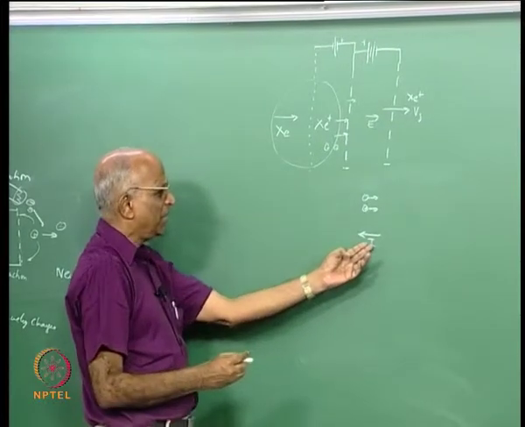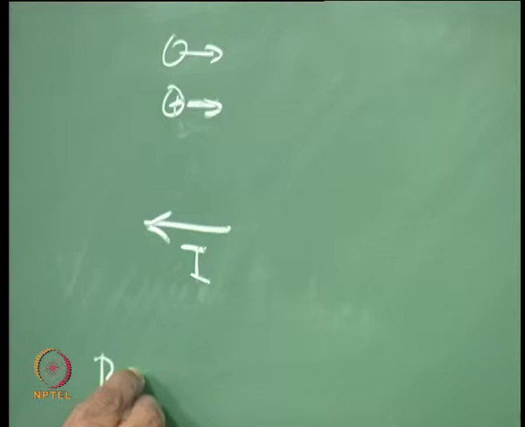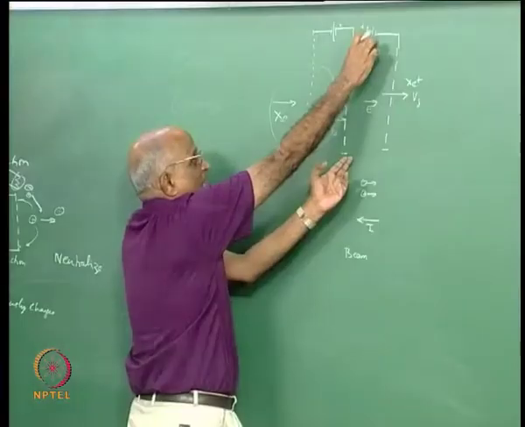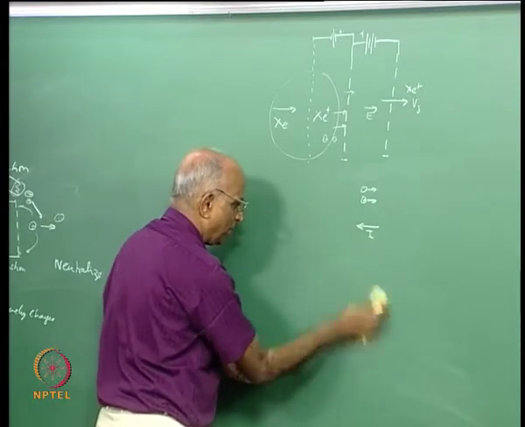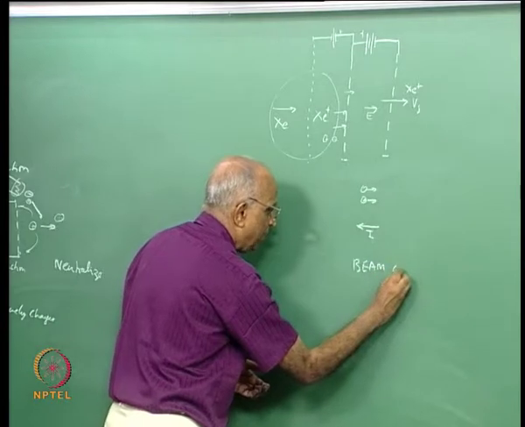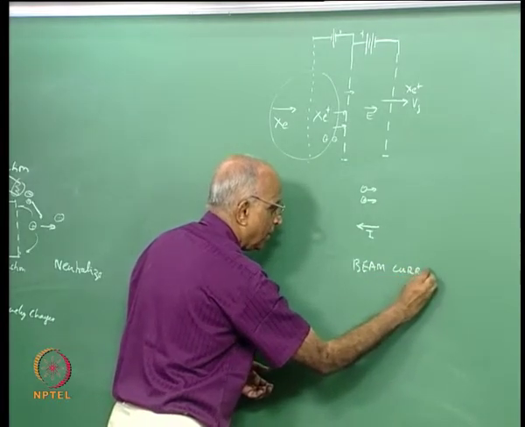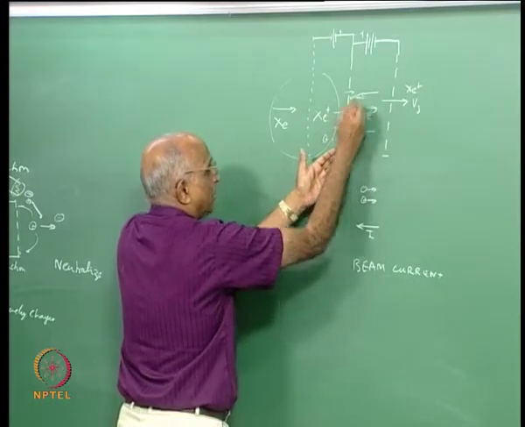What is current? Current is the motion of charges. Therefore, I have something like a beam current. Let's put it down properly. As the positive charges are moving, I have a beam current in this particular direction.